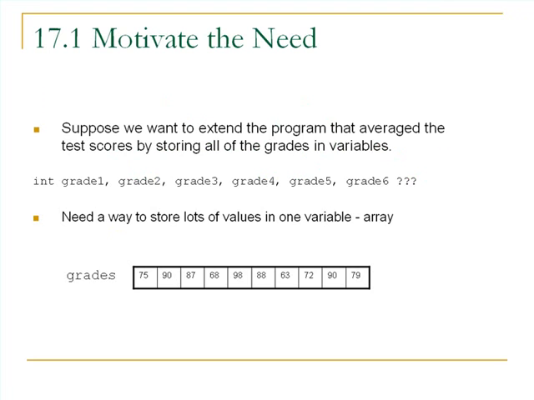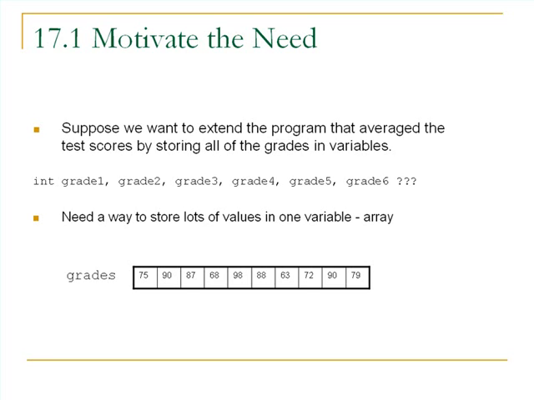Okay, let's start talking about arrays now. First of all, I want to motivate the need for having something called an array. Suppose we want a program that extends our previous programs where we were collecting test scores, and we want to average all of the test scores.